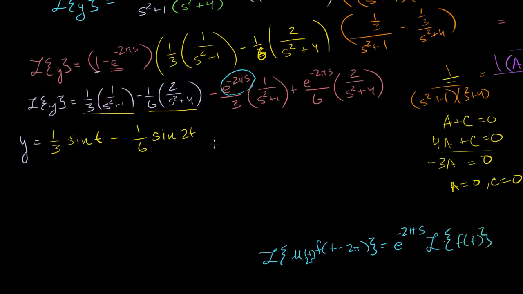So if we view f of t as just sine of t or sine of 2t, then we can kind of backwards pattern match, and we'll have to shift it and multiply it by the unit step function. So I want to make that clear, right?